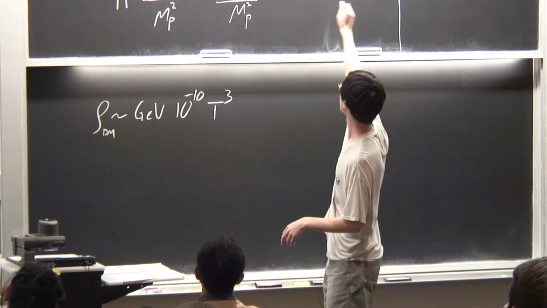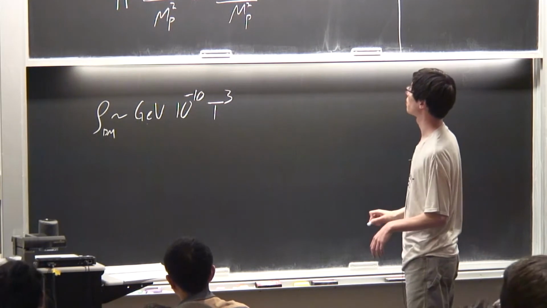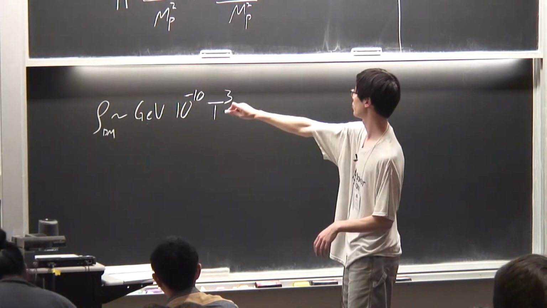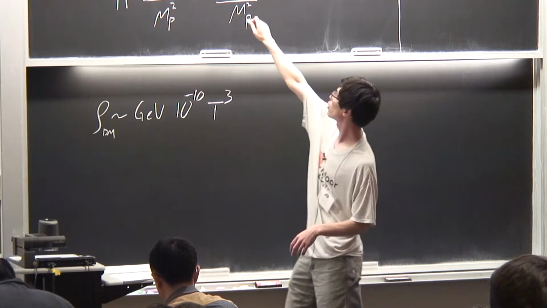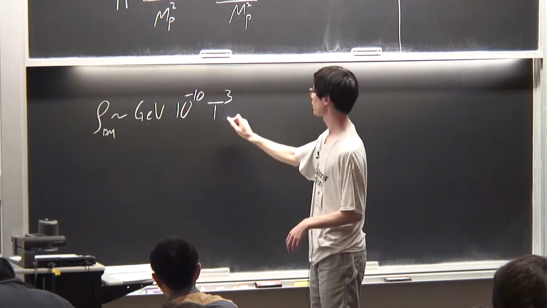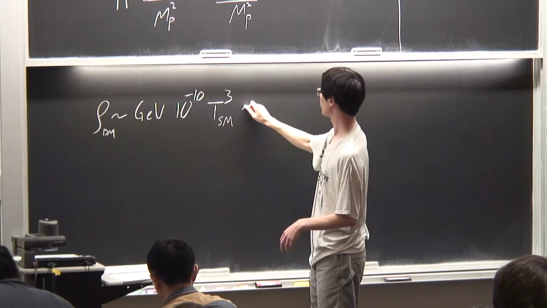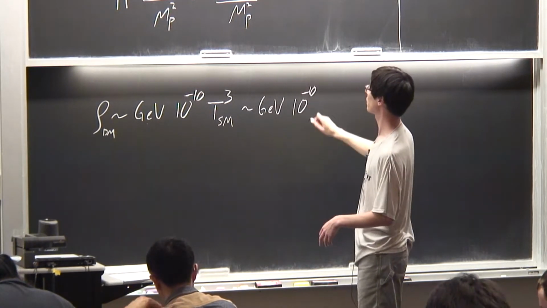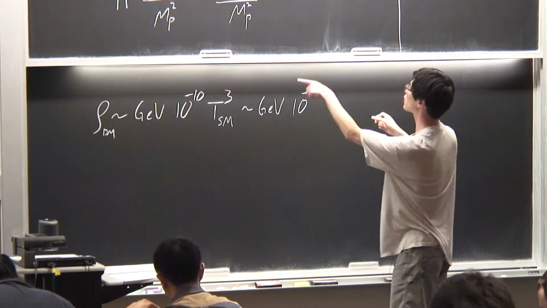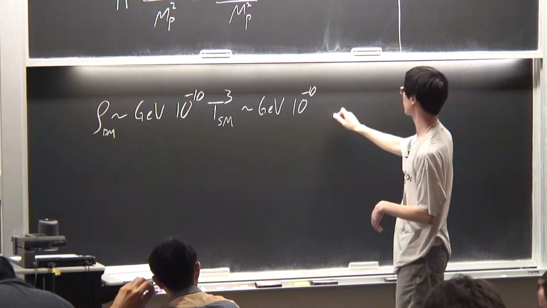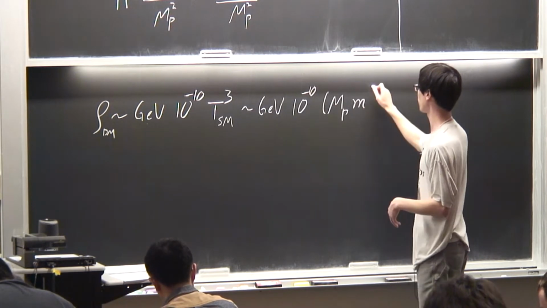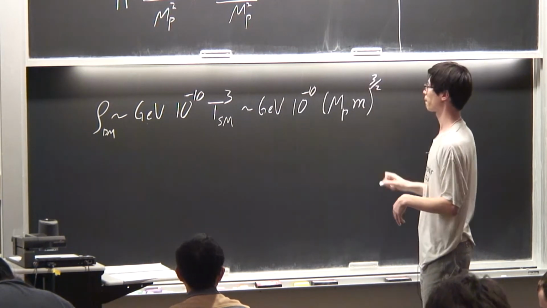So what you see then is you set rho dark matter equals 10 to the minus 10 GeV T cubed. We know what T of the standard model is here. So this is GeV times 10 to the minus 10 T, which is m Planck times m of your particle to the 3 halves.